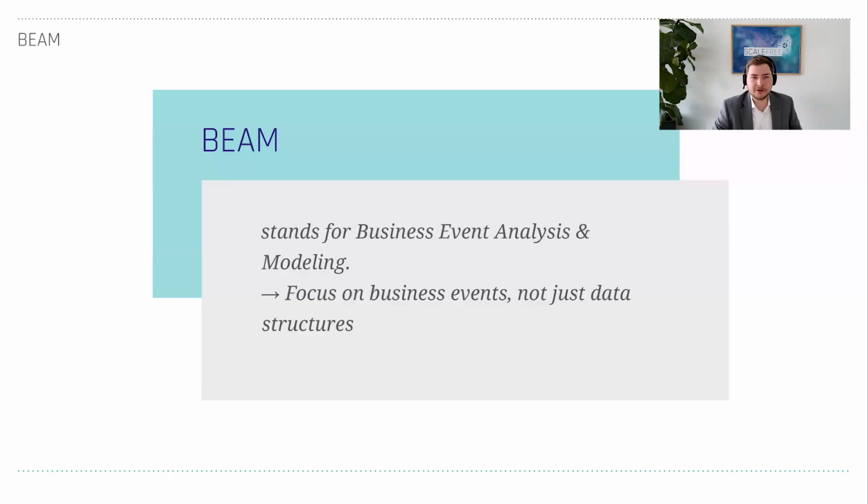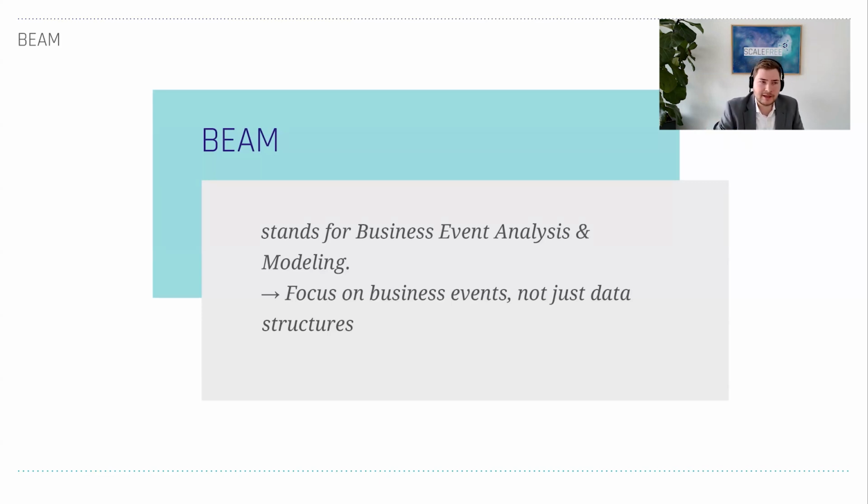If you have never heard of Beam, Beam essentially stands for Business Event Analysis and Modeling. And the focus is really more on modeling the business and business events than just modeling data, right? So in the end you also talk about data, but a lot of the time it's more about the business modeling.